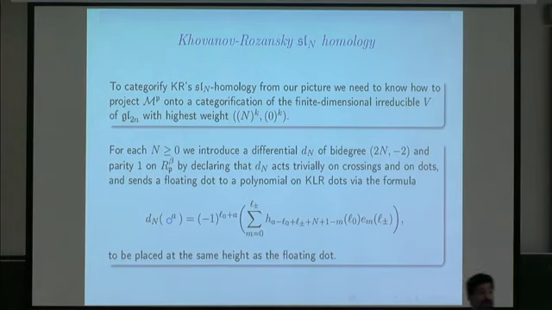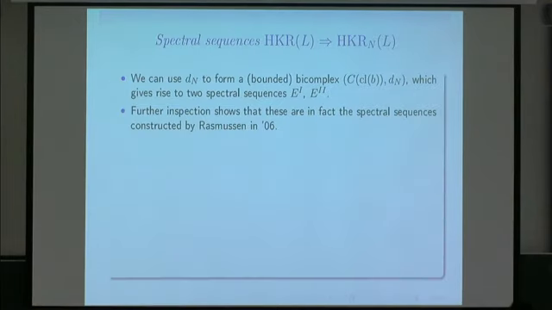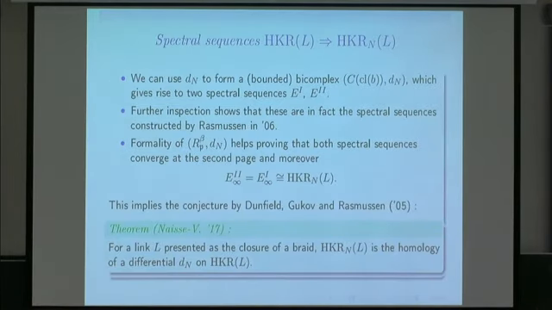That is, both spectral sequences converge at the second page. This is a matter of tracing what's going on, in particular in the lowest lambda gradings. That is, we can say that Khovanov-Rozansky homology is the homology of HOMFLY homology with respect to the differential d_n.